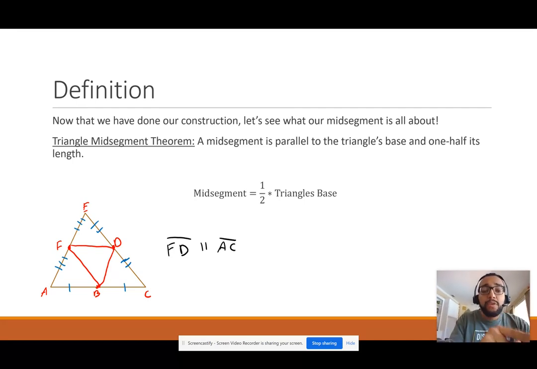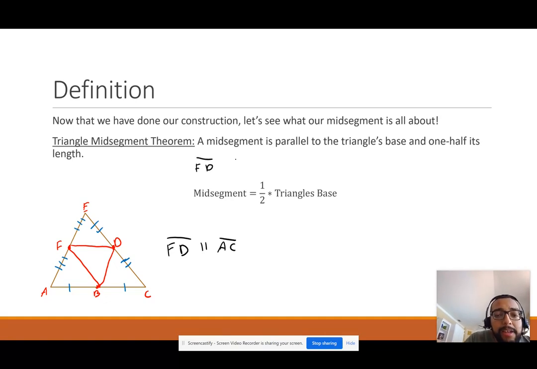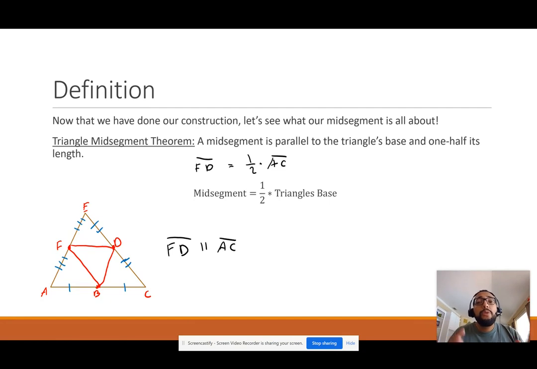That's important because for this triangle, it says FD is equal to 1/2 times the base of my triangle. This is important because if I know either my mid segment or my base, I can solve for the different sides of my triangle. Now we'll do some examples in a bit of how that practically works out.